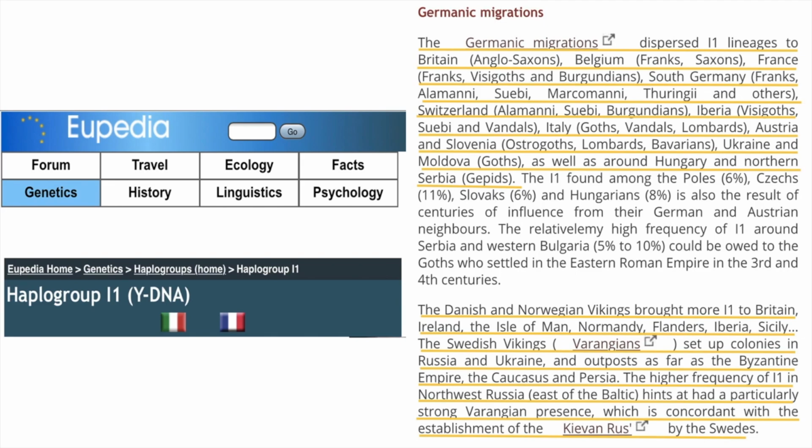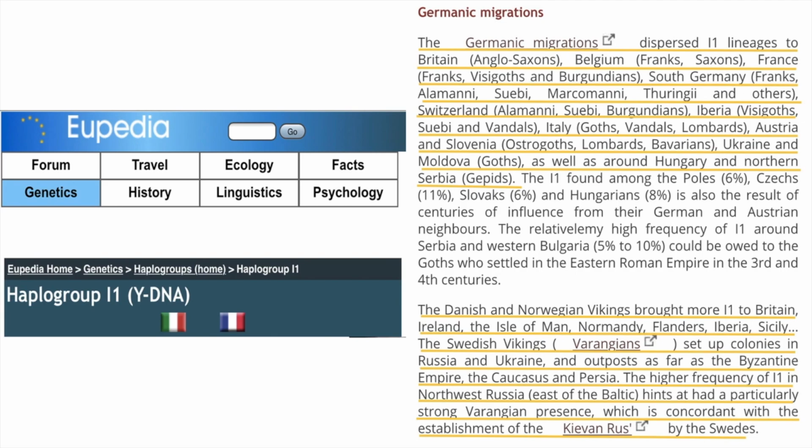The Danish and Norwegian Vikings brought more I1 to Britain, Ireland, the Isle of Man, Normandy, Flanders, Iberia, and Sicily. The Swedish Vikings set up colonies in Russia and Ukraine and outposts as far as the Byzantine Empire, the Caucasus, and Persia.